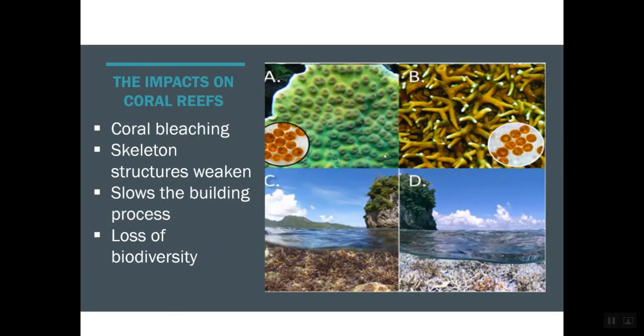Now, when we lose these polyps and their beneficial algae, we're not just losing the hard substrate of the coral reefs themselves. We're also losing an ecosystem, as coral reefs are home to at least 25% of the known marine species, which is a great big deal, and that's only the ones that we know about.